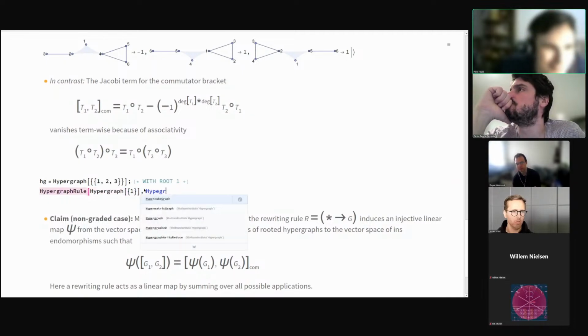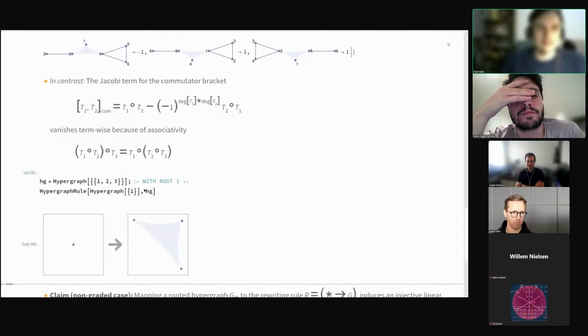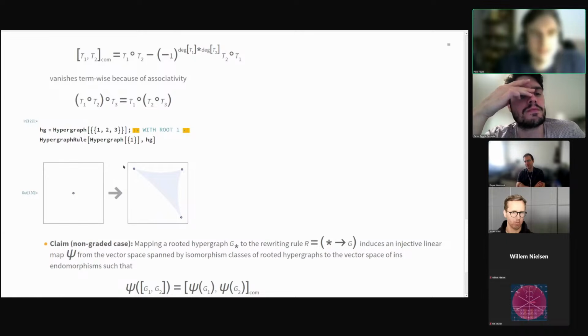So for this hypergraph with root 1, the corresponding rule looks like this. On the left-hand side is only the root.